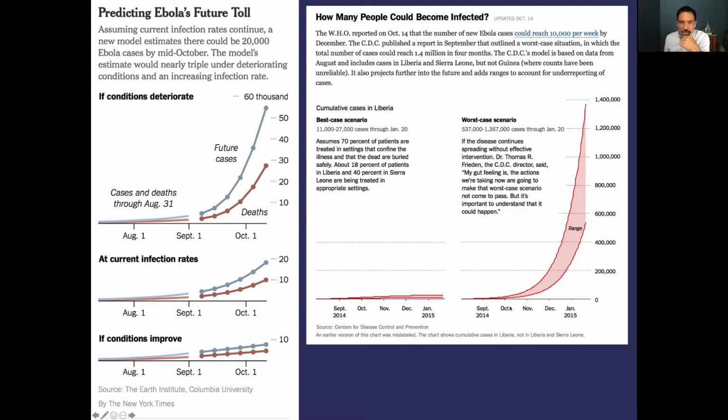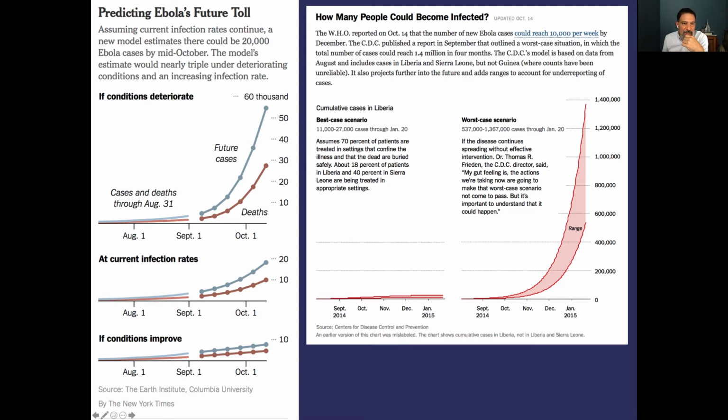And on the right here, we see another model that the CDC released, and they predicted, in a worst case scenario, between 500,000 and almost 1.4 million cases if there were no effective interventions to be implemented. But under their best case scenario, which included about 70% of Ebola patients being isolated and treated, it predicted between 11,000 and 27,000 deaths.